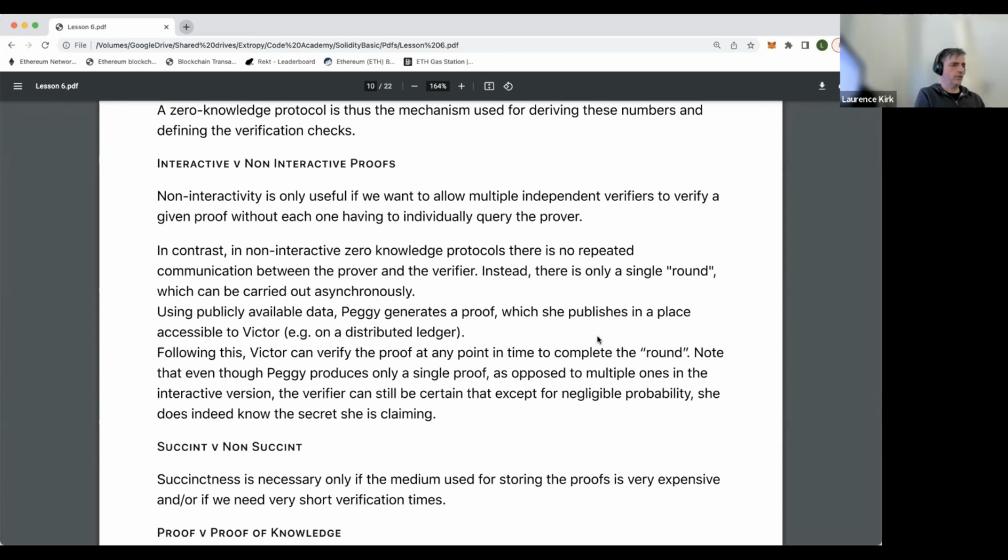We would like to be able to submit a proof and to have it accepted without having to go through a number of rounds or iterations. And so you get this distinction between interactive and non-interactive proofs. The ones we want are non-interactive proofs. And a zkSNARK is a non-interactive proof. We create the proof, we submit it to the verifier, and the verifier verifies it, and that's the end of the process. We only have to do that once.